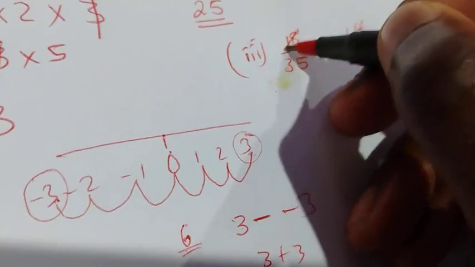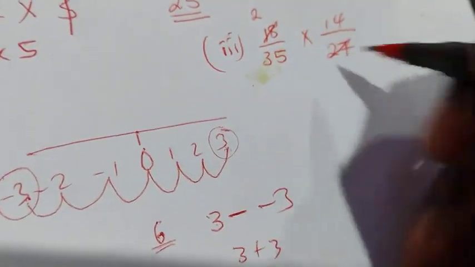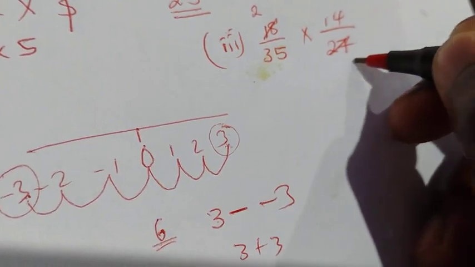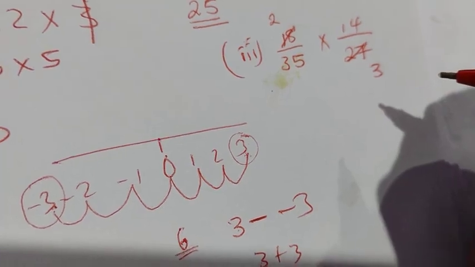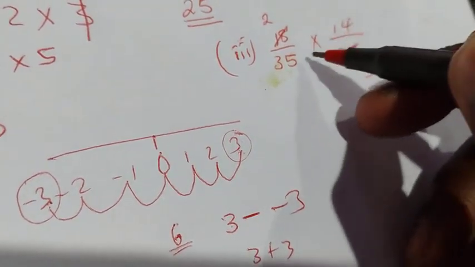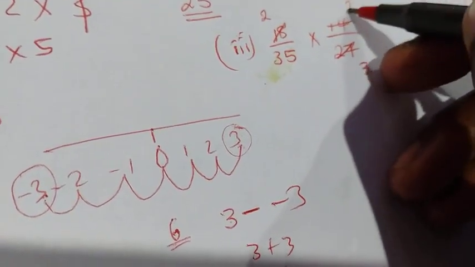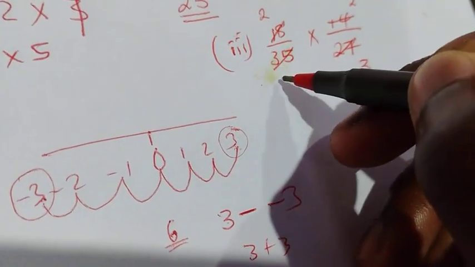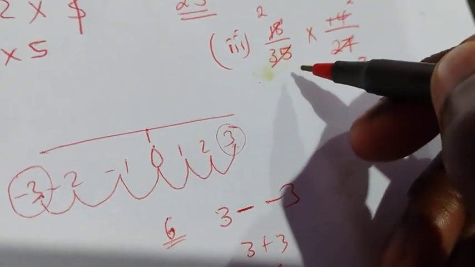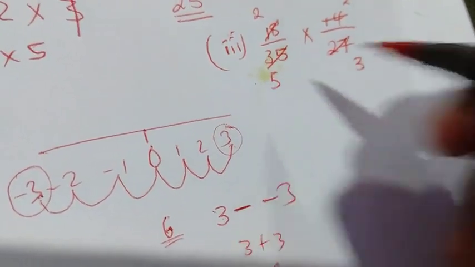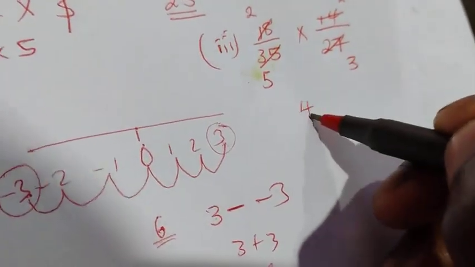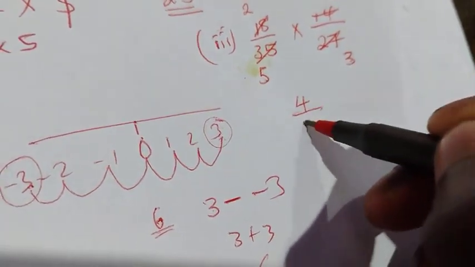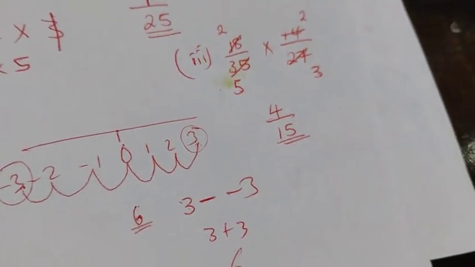So here 9 into 18, that's 2. 9 into 27, that's 3. Right? What about 14 and 35? We can reduce by 7 to get 2. 7 times 5, that's 35. So 7 into 35, that's 5. Right? So now 2 times 2, 4. 5 times 3, 15. That was the answer there.